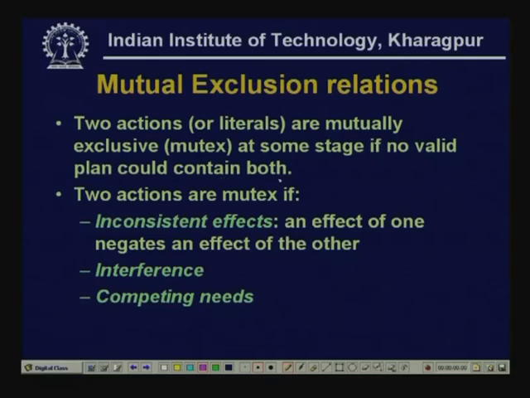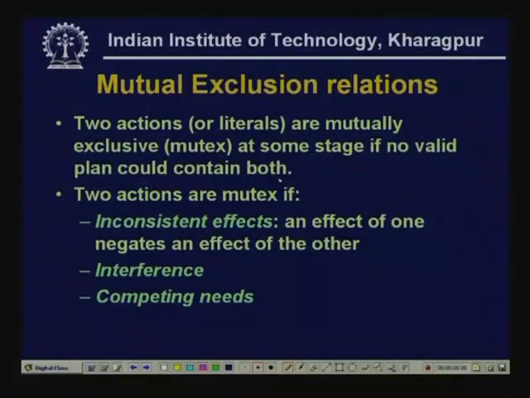So, if at a stage we find that both the actions cannot be together present in a valid plan, we say that those two actions are mutex. Similarly, at a particular level, if we find that two propositions cannot occur in a valid plan, we will call them mutex. Now, we will look at certain conditions under which we can label two actions as mutex, and then we will also find conditions under which we can label two propositions as mutex.